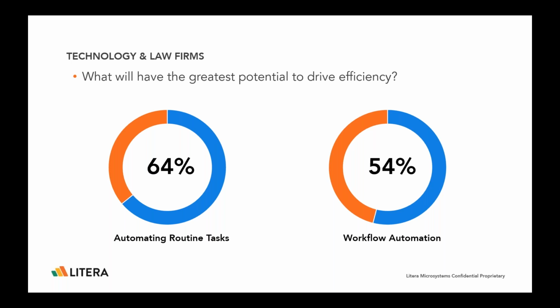So when we look at developing the technologies we've come out with or are coming out with, it really just needs to help the attorney and the law firms work better and make their lives easier. And it dovetails nicely with these particular stats from Aderant, which are continuing to automate these routine tasks, and then these workflows that the users are going through, how best can we automate that?